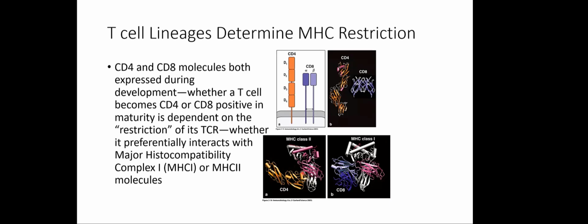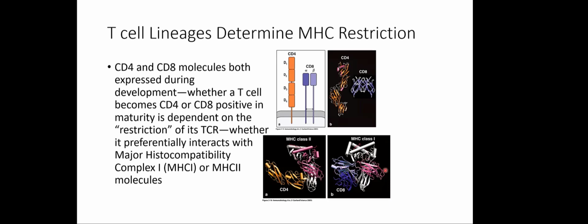So you have an alpha chain and a beta chain for the class 2 molecule. For the class 1 molecule, you just have one main chain, and then you have the small molecule called beta-2M, which is universal for all class 1 molecules. It doesn't change between people, and it's quite conserved between humans and mice. You can actually use them interchangeably.